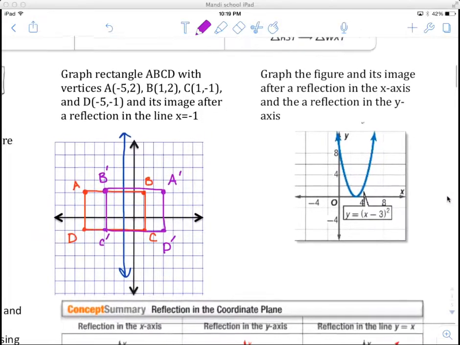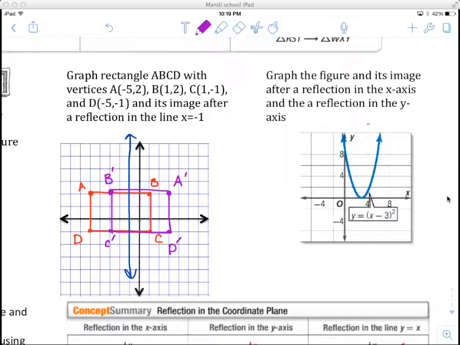Okay, this one says graph the figure and its image after a reflection in the x-axis and a reflection in the y-axis. So two things are going to happen. So let's start with our reflection in the x-axis. So here's our x-axis right here. So we want to reflect that. So I'm going to find my points. I have a point there. Looks like it crosses again up here at 8.